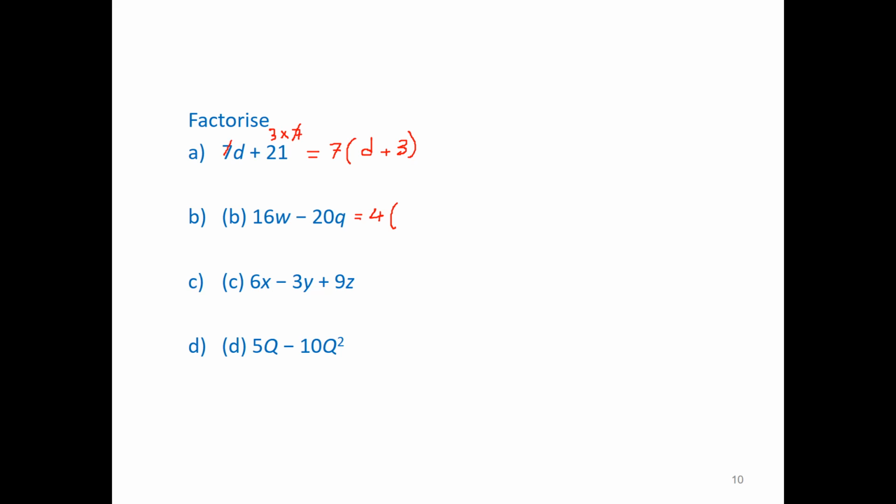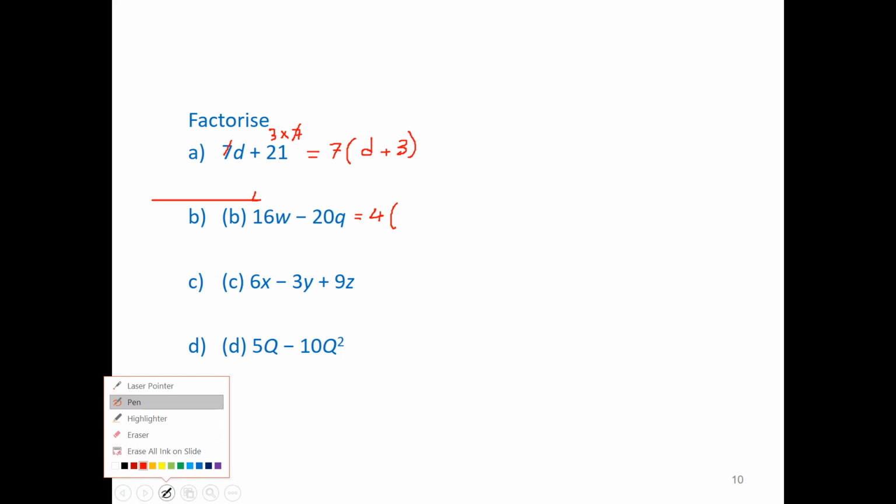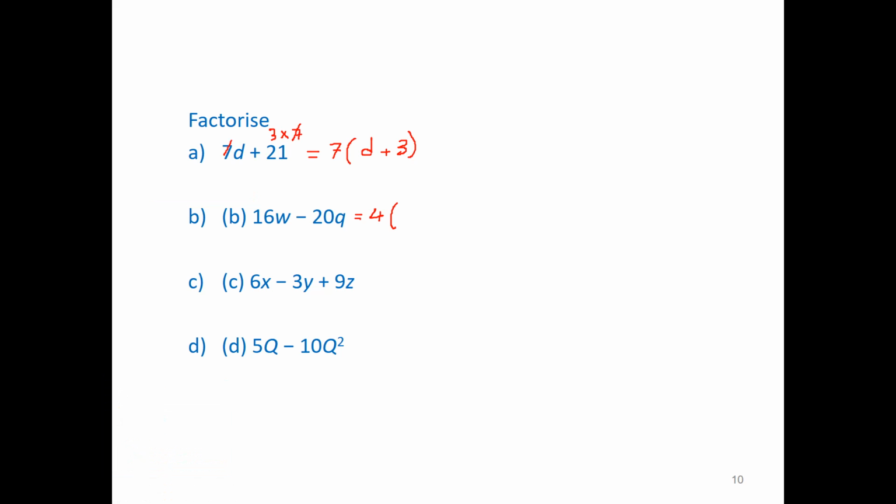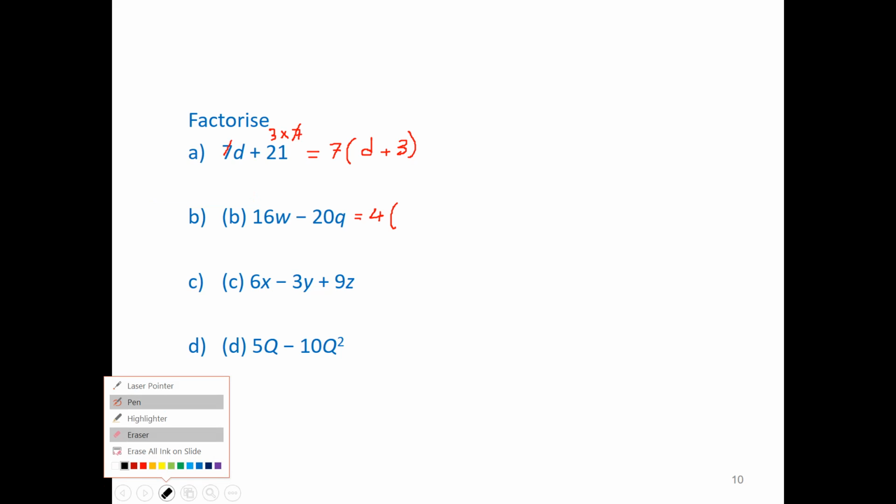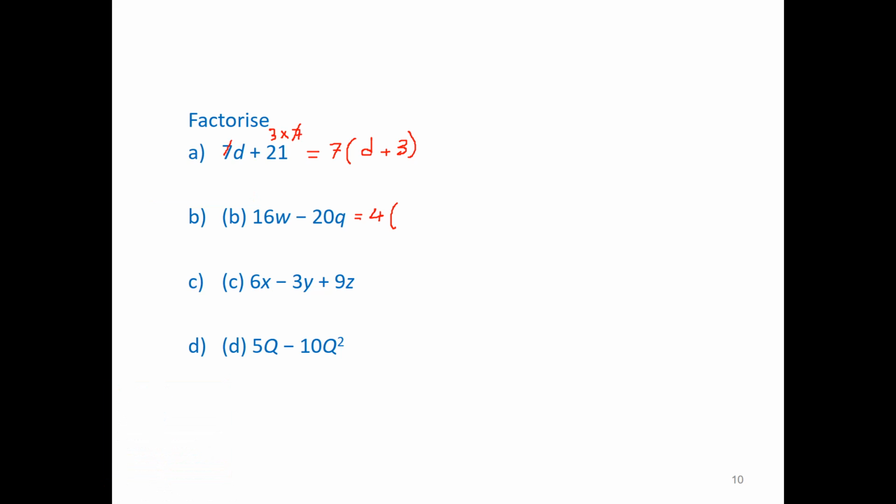So 16 is 4 times 4. And if we consider the common factor, which is 4, then this is 4 times 4W, and this 20 we can say is 2 times 2 times 5Q.